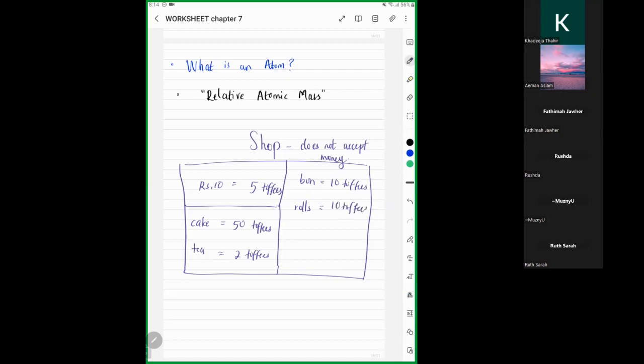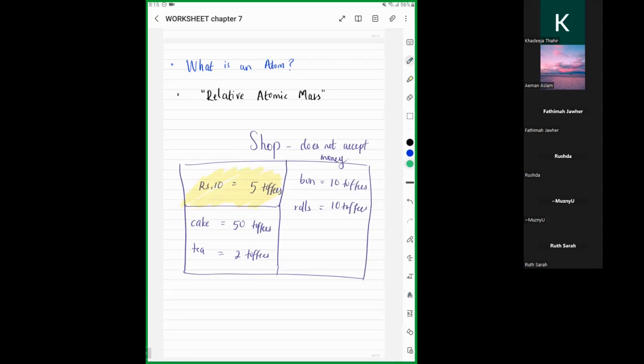So if you're going to pay, you have to use the board to decide the price of these items. Do you agree with me? Yes or no? Yeah, that's how you have to do it.